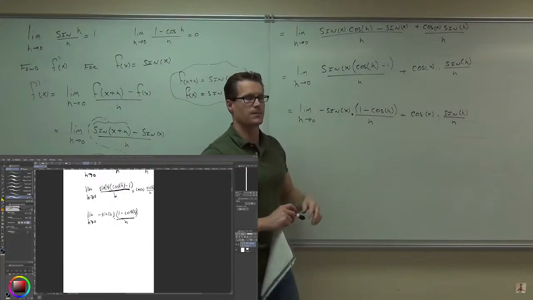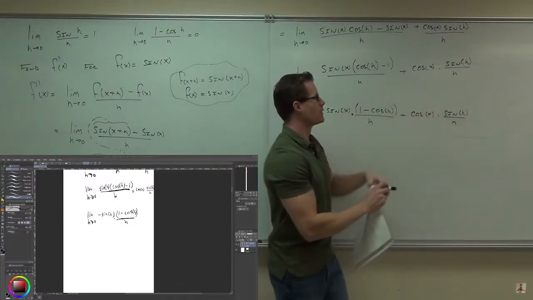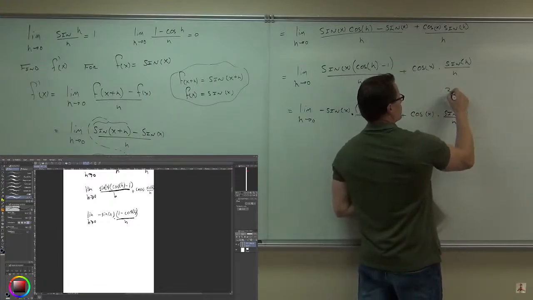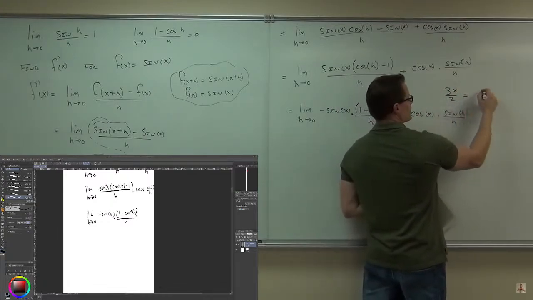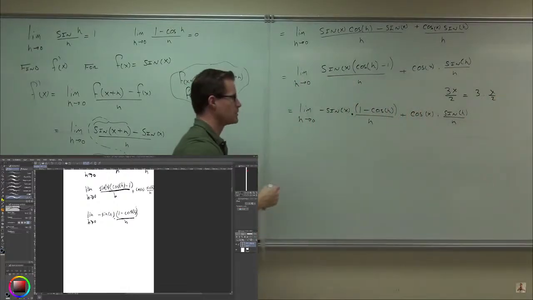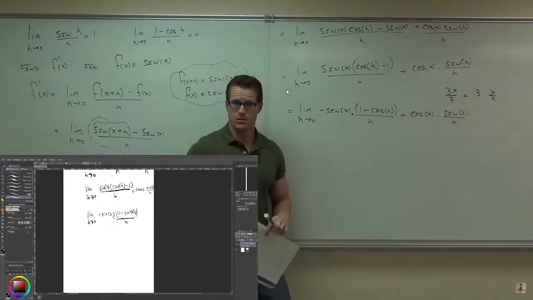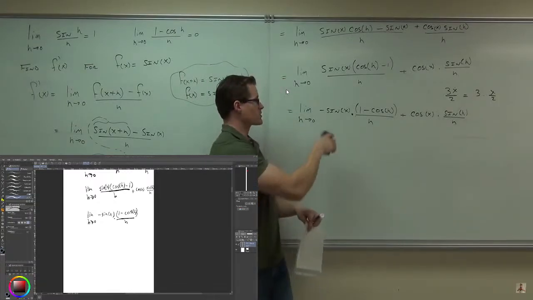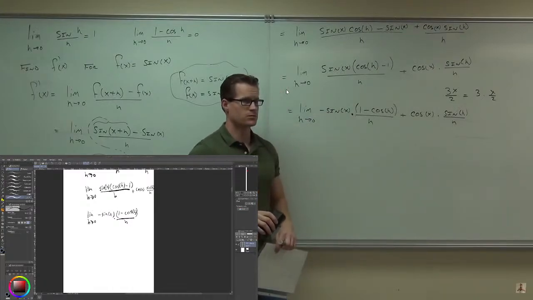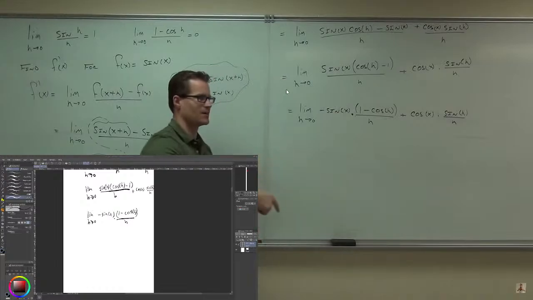How come the cosine over h, and it's not cosine over h in the second one? 3x over 2 is the same thing as 3 times x over 2. Good questions. Any other ones? You all right with this so far? You okay that factoring out a negative will reverse those 2 terms? Good deal.